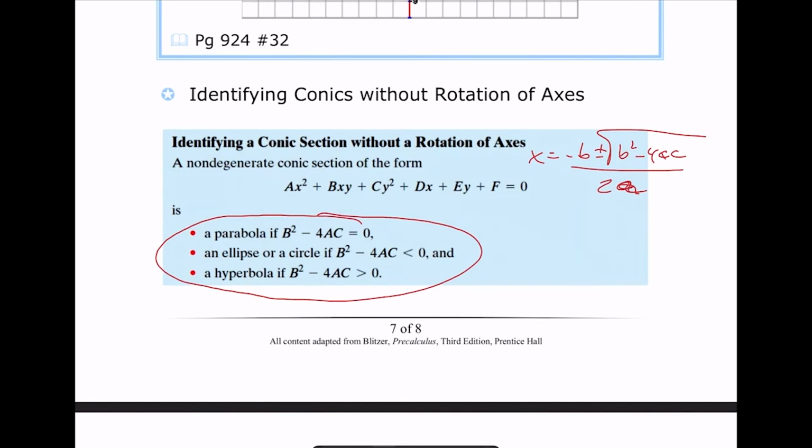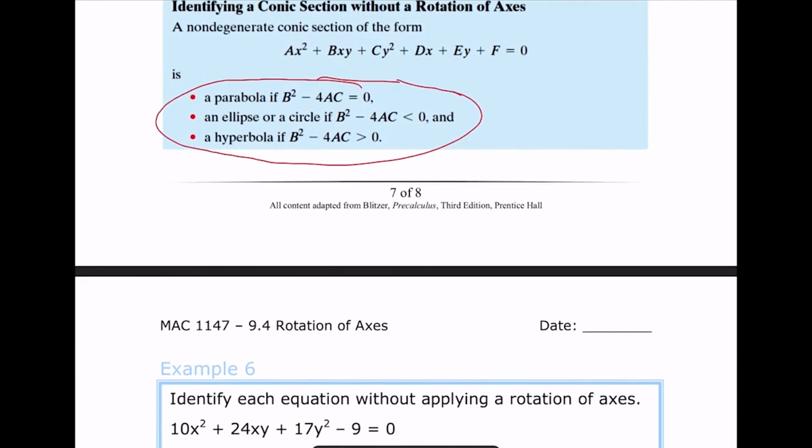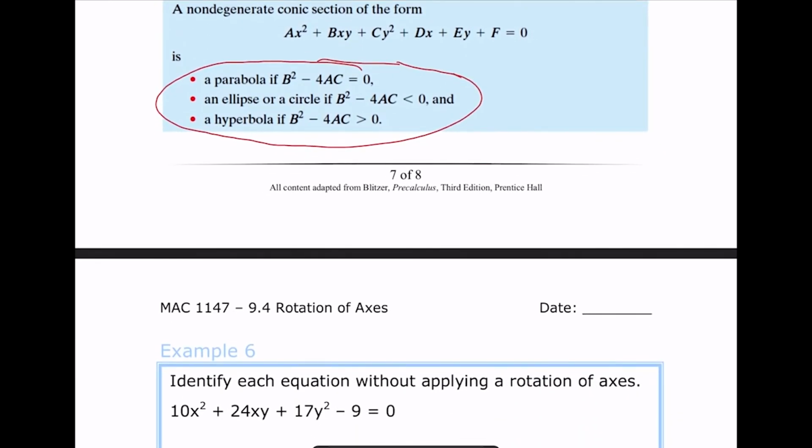And isn't the discriminant equal to b squared minus 4ac? Isn't it weird that this is b squared minus 4ac? It's a little creepy, but don't worry about the comparison between those. Just realize that we're going to be using these to determine, without actually going through the process, what kind of a rotated conic we're looking at.